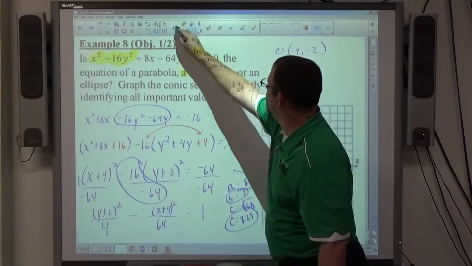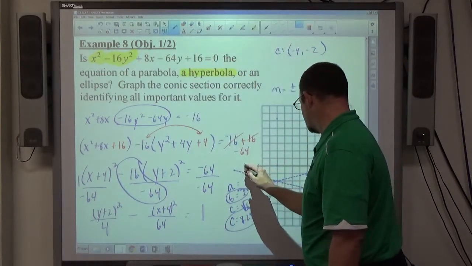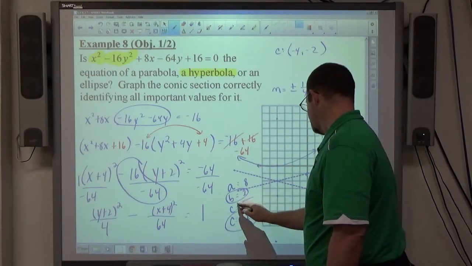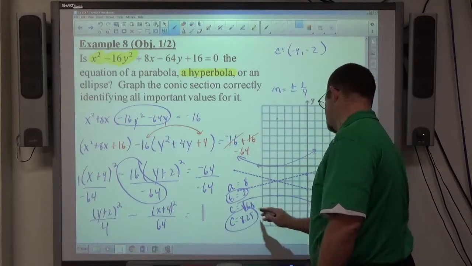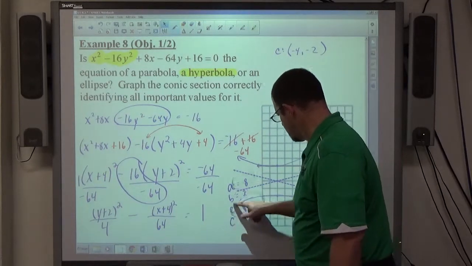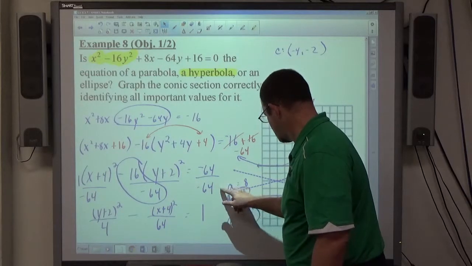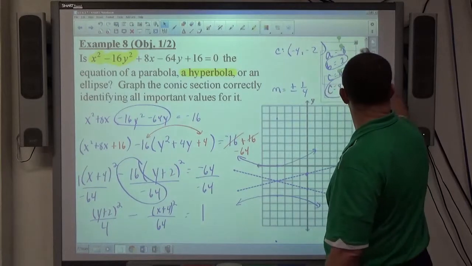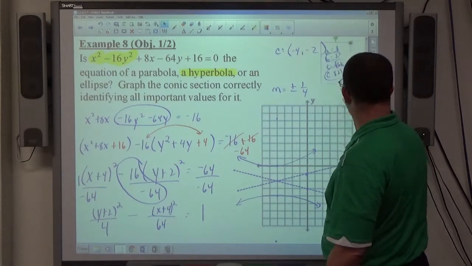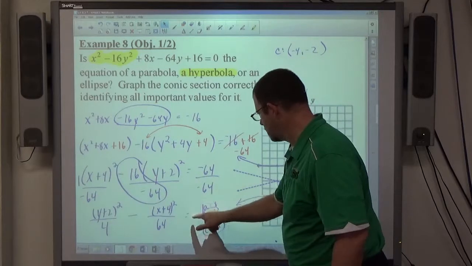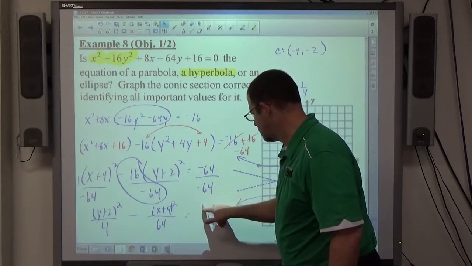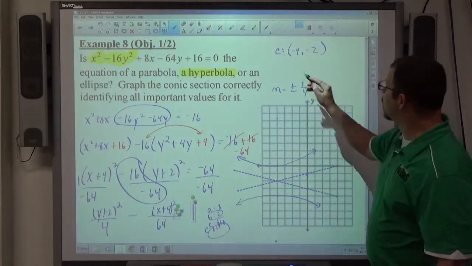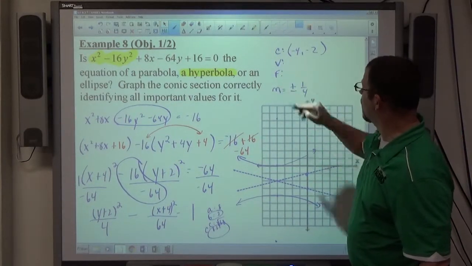And then I just want to stay kind of within the asymptote, so it's going to kind of go like this.